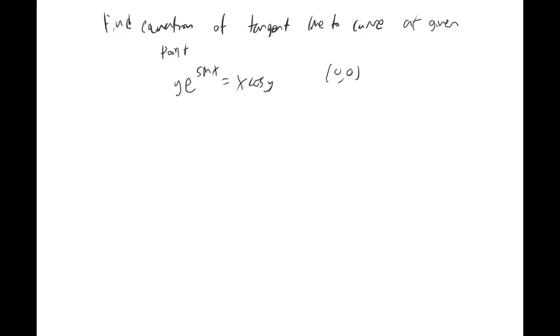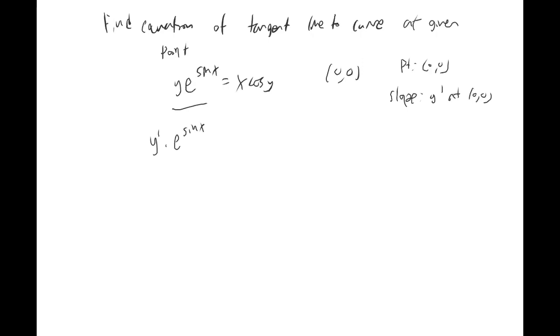Again, I'm going to go a little faster. How would you find y prime? The tangent line has a point, 0, 0, and its slope is y prime at 0, 0. So let's find y prime. You use product rule. Derivative of y is y prime.